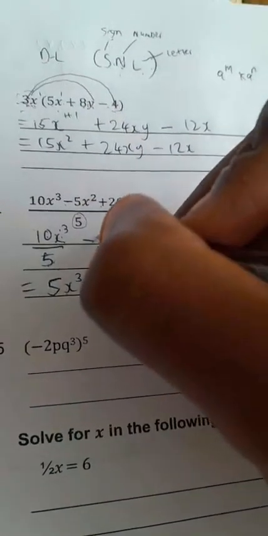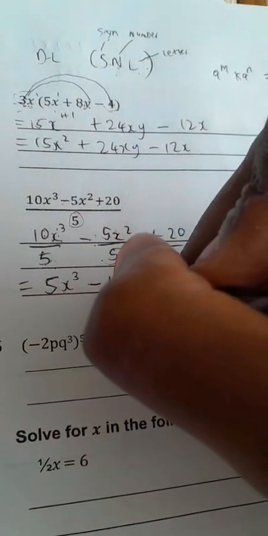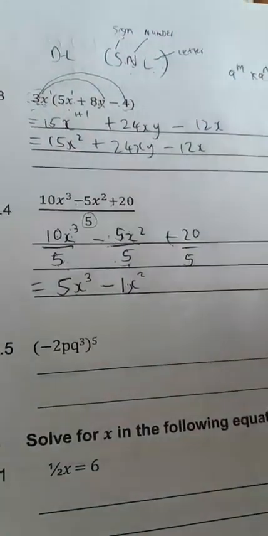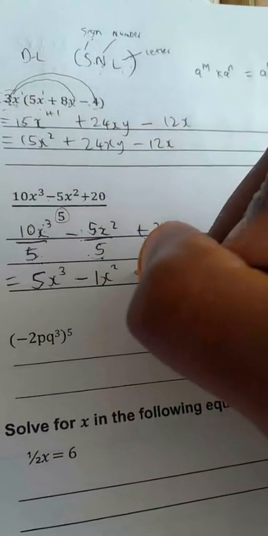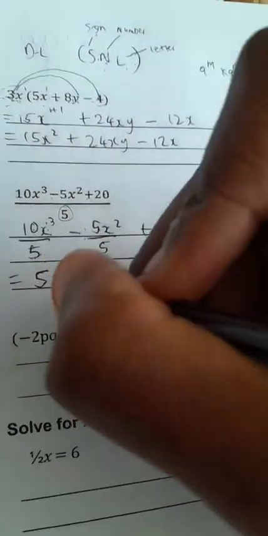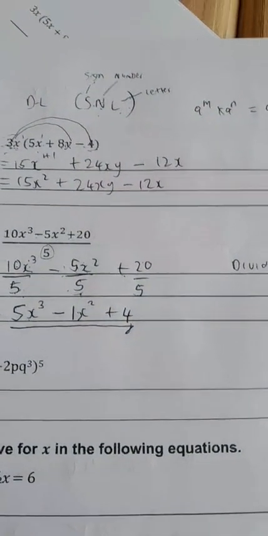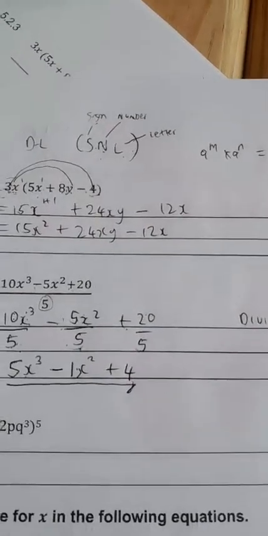Next, negative divided by positive is negative. 5 divided by 5 is 1. X squared in the numerator stays x squared in the numerator. It has no shared variable. 20 divided by 5 is 4. That is our answer.